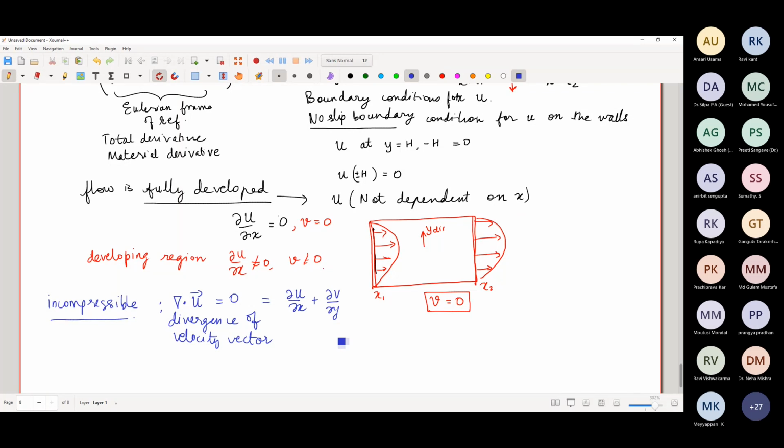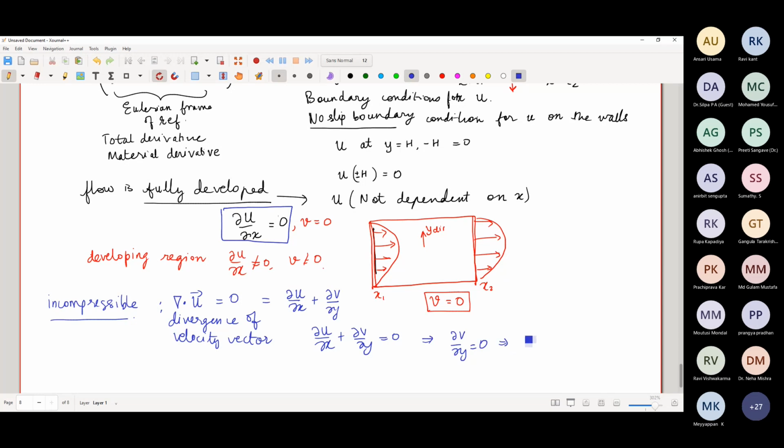If the flow is incompressible, then del u del x plus del v del y is equal to 0. If the flow is fully developed, what does it imply? It means del v del y equals 0.